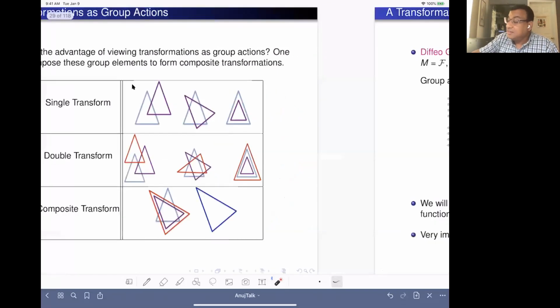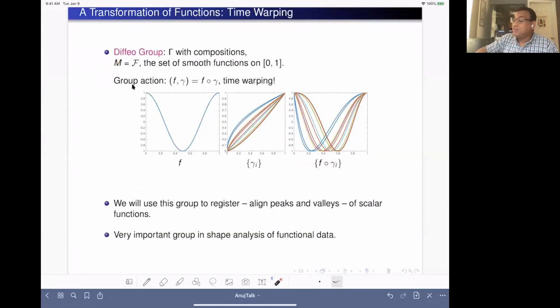So this is the last group that I wanted to talk about. We call it the diffeomorphism group, and I'll explain it in this context. Suppose I have a certain function f. I have a group of all diffeomorphisms on [0, 1]. Diffeomorphisms are smooth functions.